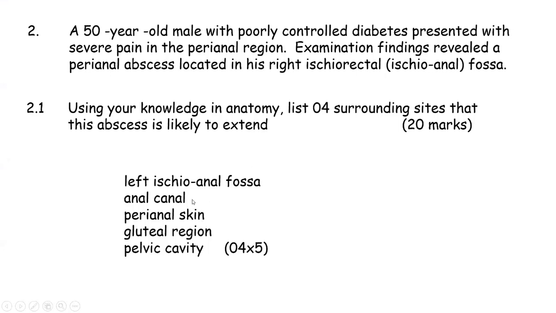So your abscess can break into either anal canal or perianal skin, like a fistulous tract, form a fistula, and discharge into both these surfaces, right? And posteriorly, it can extend into the gluteal region, and also it can go up into the pelvic cavity, right?